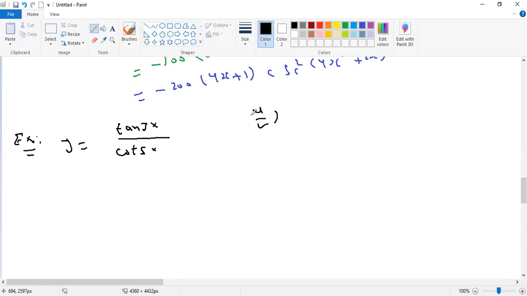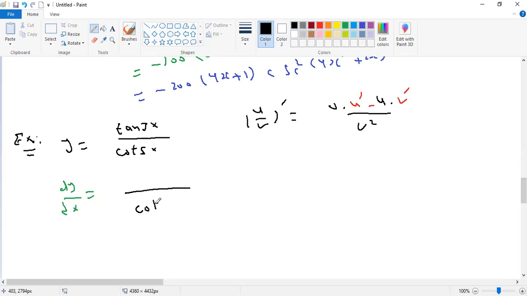So the derivative of u over v is v times the derivative of the numerator u prime, minus the numerator multiplied by the derivative of the denominator, all over v squared. So dy/dx is equal to, not the same angle, it cannot be simplified, so I have to use the quotient rule. I have cotan 5x all squared, or I write it here, cotan squared 5x. This one is v squared.